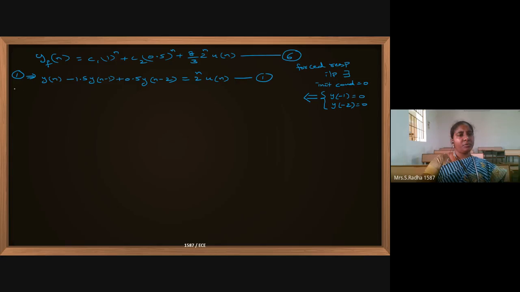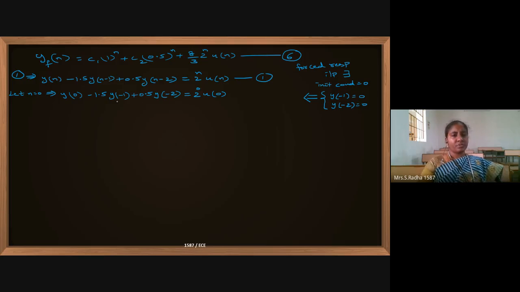If you put n equal to 0 in this, it will become y of 0 minus 1.5 y of minus 1 plus 0.5 y of minus 2 equal to 2 power 0 u of 0.